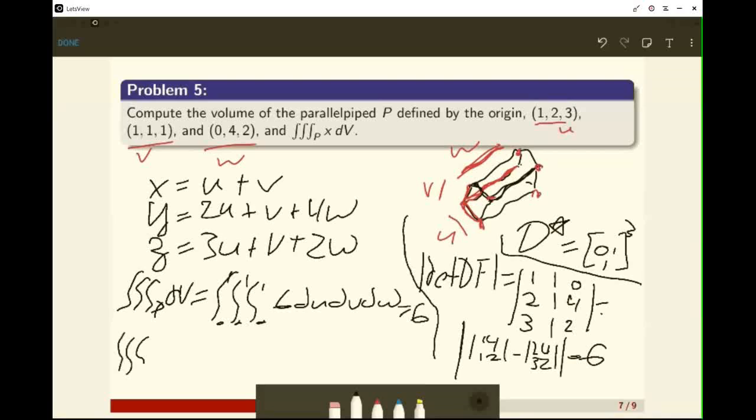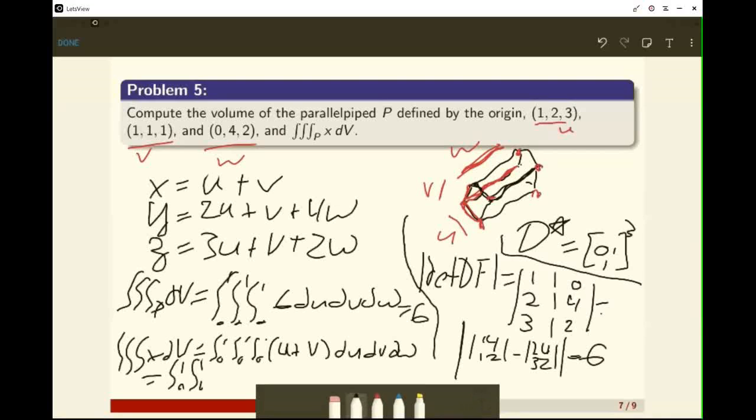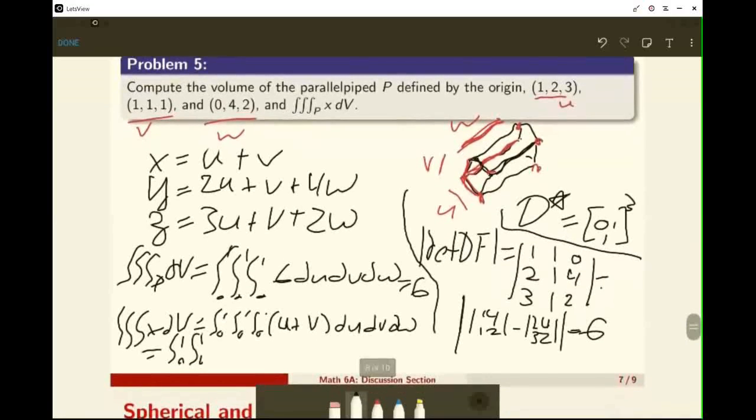Very similarly, if we were to write down the integral of x dV, we again get 0 to 1, 0 to 1, 0 to 1. Here we have to write x in terms of u, v, and w, but we've already done that above. We get u plus v. Let me move that down a little bit so we have space.